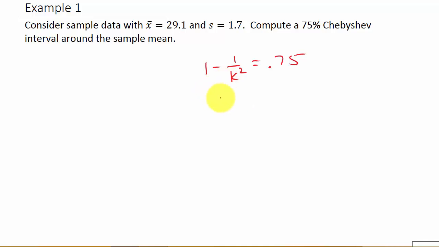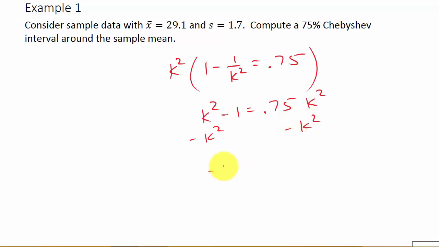So if I multiply each term by k squared, that gives me k squared minus 1 equals 0.75 k squared. Subtract k squared from both sides, and I get negative 1 equals negative 0.25 k squared.